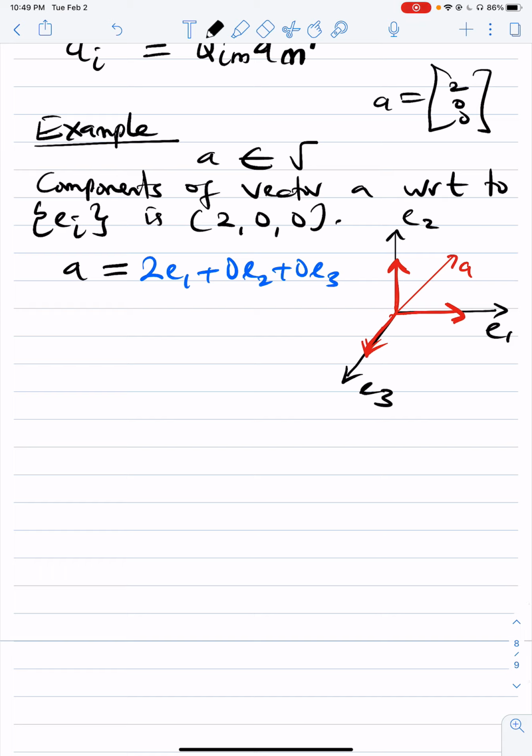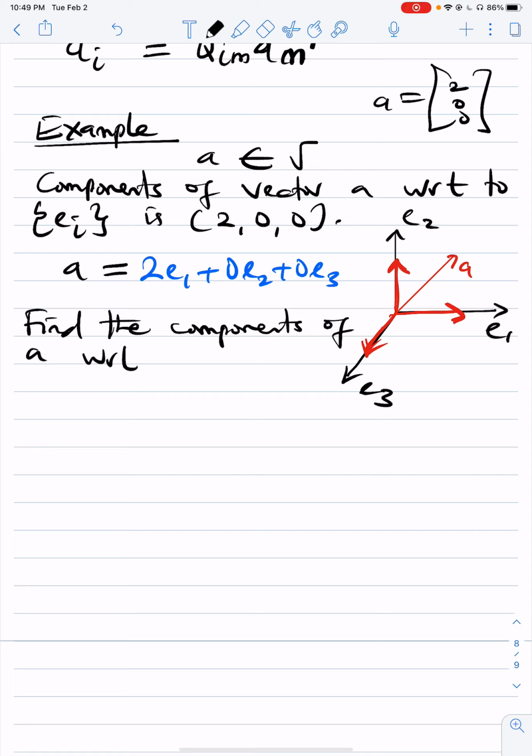Okay, now the components of the vector A are this. We've already been given the components, but now the question says find the components of A, but this time with respect to E_i prime, right? With respect to E_i prime.